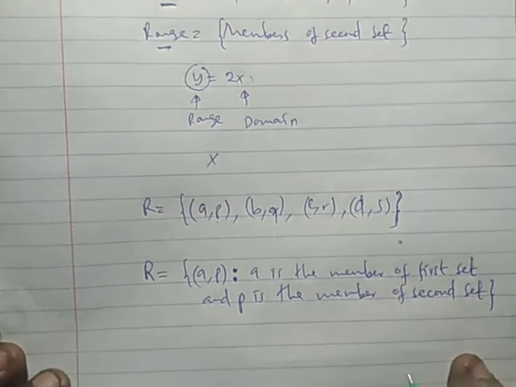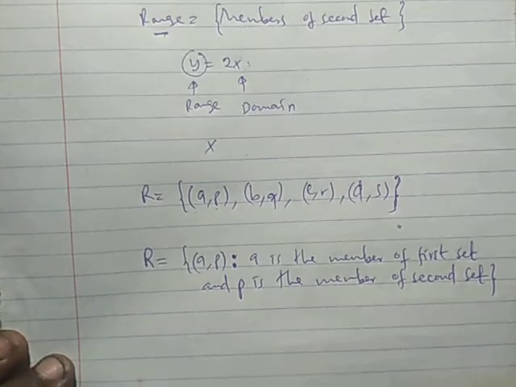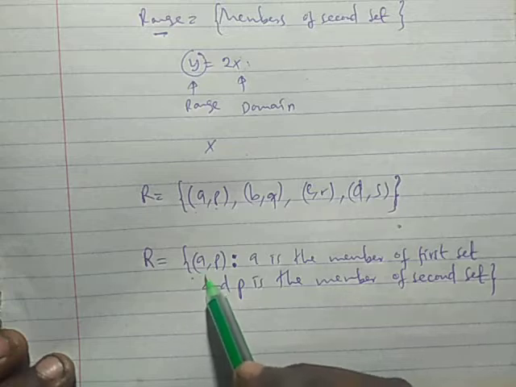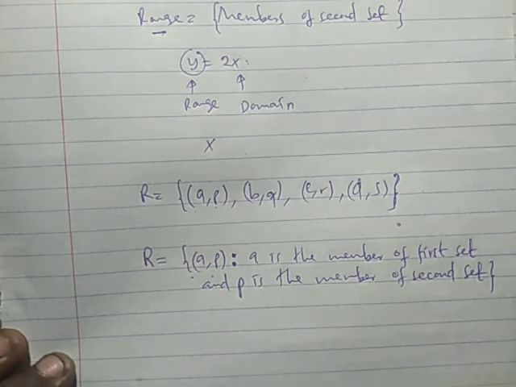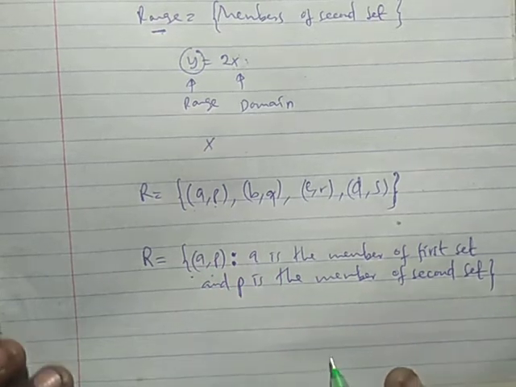Kwa hiyo relation yoyote kwenye hesabu lazima iwe inaonyesha uhusiano kati ya member wa seti mbili. Kwa hiyo tukiandika relation R is equal to A, P, A lazima awe member wa first set na pia P awe ni member wa second set.